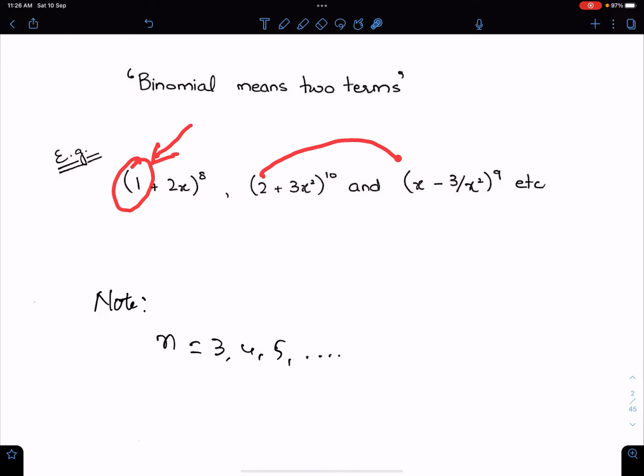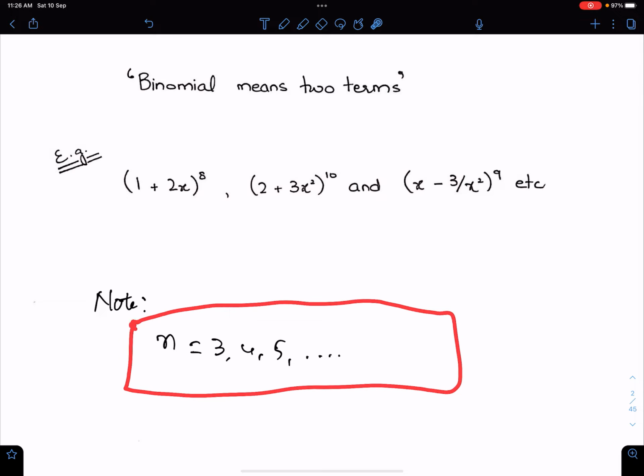Whereas, when the first term of the expansion is not 1, like in these two examples, then we use a different binomial theorem to expand these types of expansions to make the calculations simple, where n can be any positive integer. The value of n starts from 3.